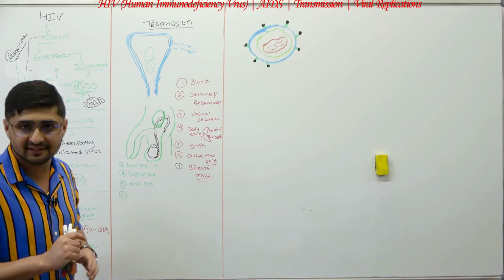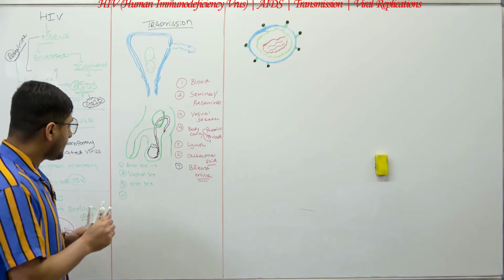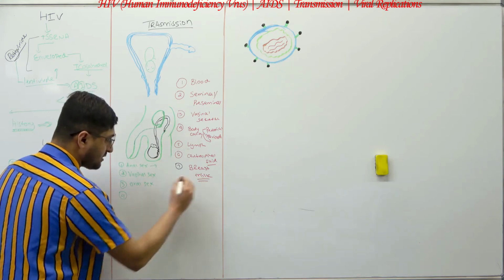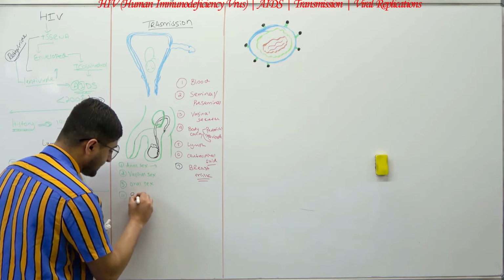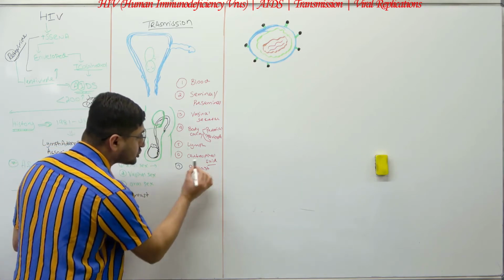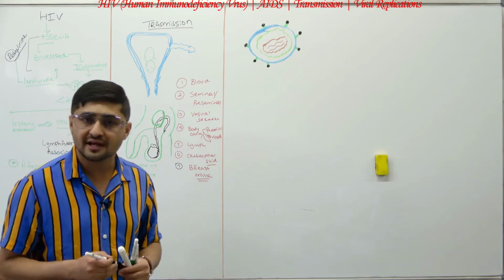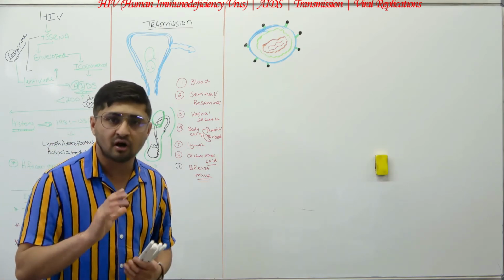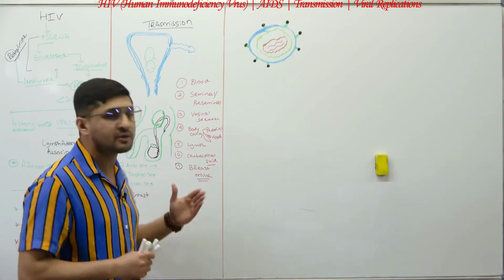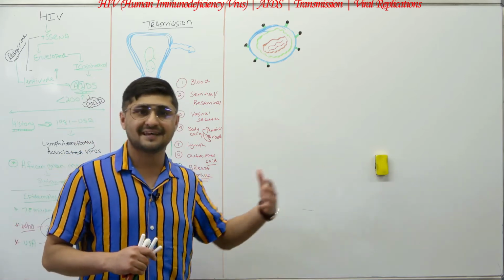So the baby can get that, right? Other is, as I said, breastfeeding, because HIV is present in breast milk. So that is also another mode of transmission to another person.